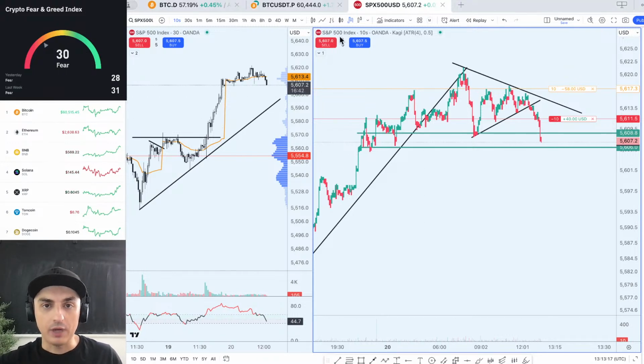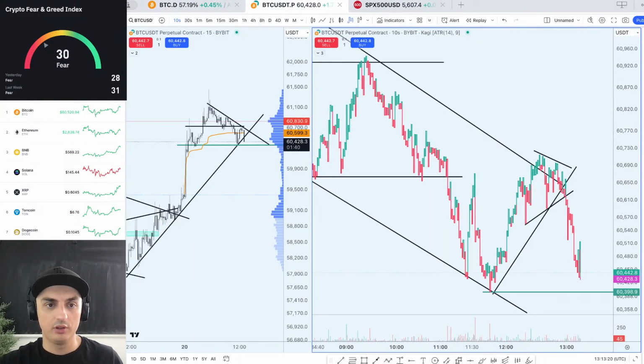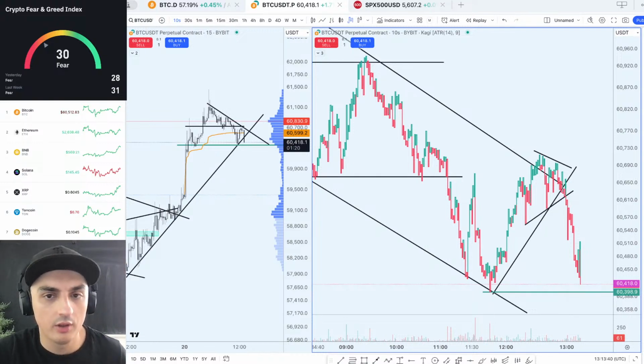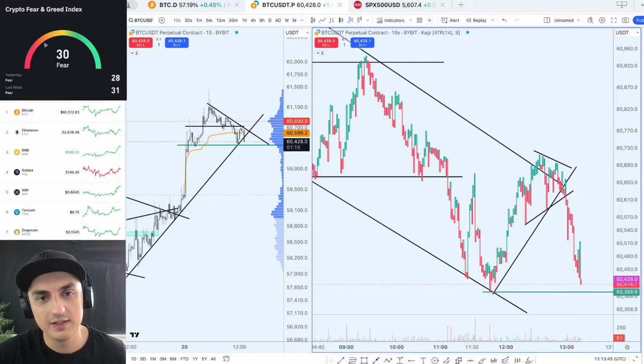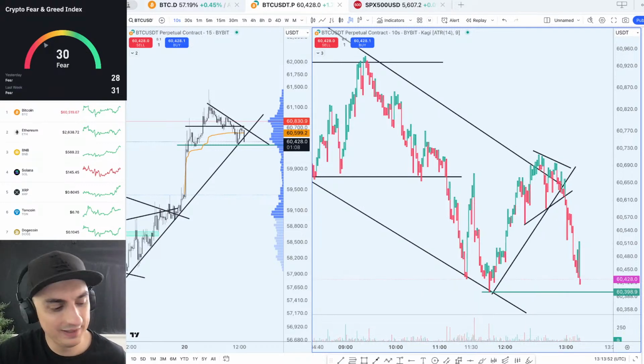By the way, I want to make a quick note about the Bitcoin Fear and Greed Index. You can see today we got a new number: fear at 30. We're still in an extreme fear situation where it's located really low. It's not giving us too much hope.